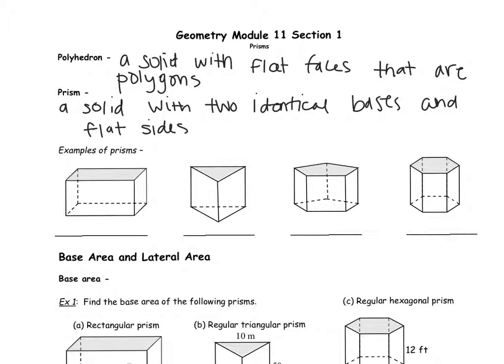So a few examples. This first prism we have, its bases are rectangles, so it is a rectangular prism. Our next shape has two triangle bases, so it's a triangular prism.